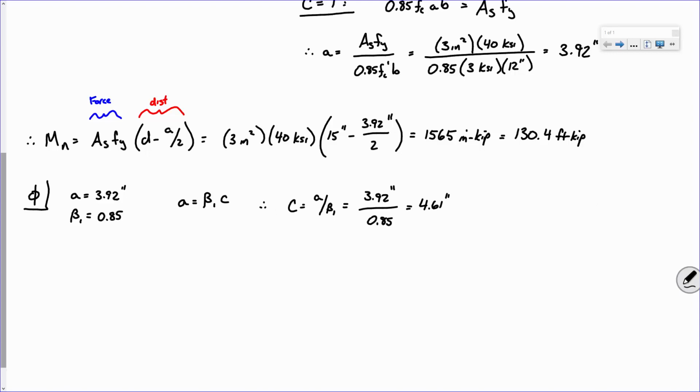So far, so good? Now that I've got C, let's calculate the strain in the steel. Remember that it's 0.003 times D minus C over C. So that is 0.003 times 15 inches minus 4.61, over 4.61. What does that get, yield?